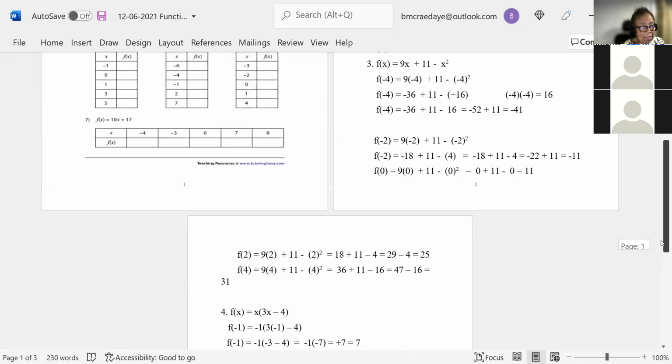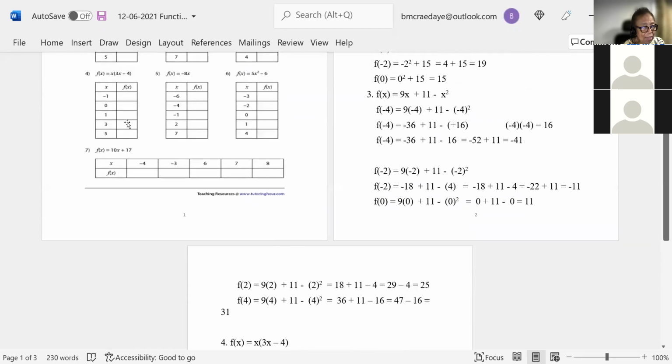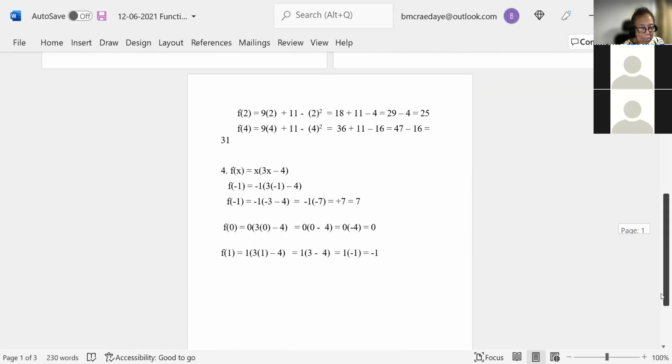Now the next one is a 3. Chastity, I want you to do that one. I'll put the f of 3. So this is f of 1. Let me just copy this here. And wherever we see that -1, we want to put a 3.